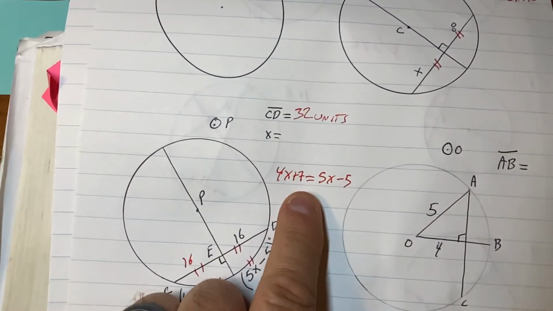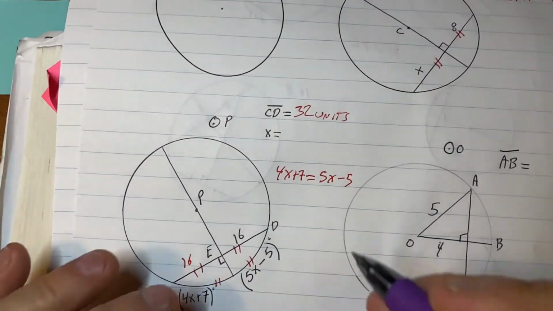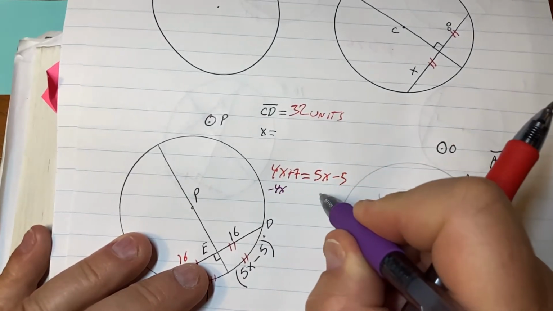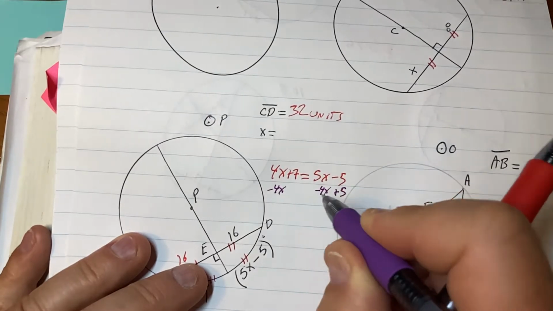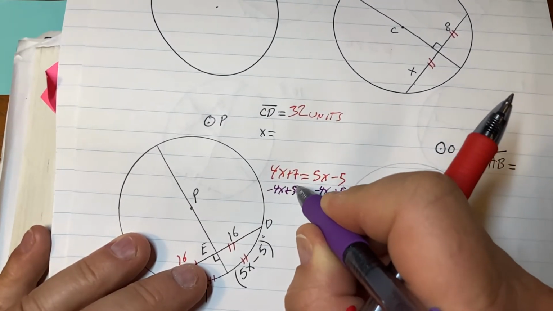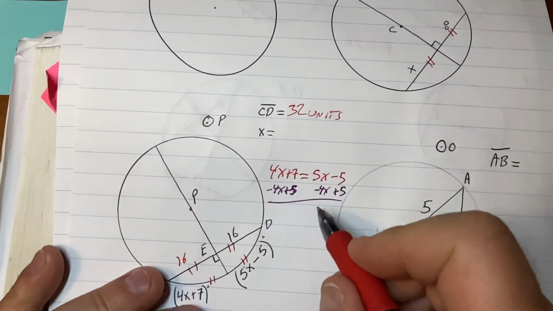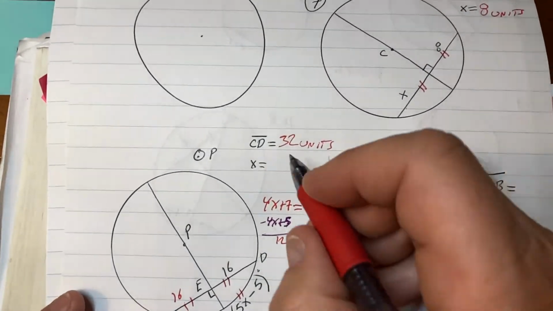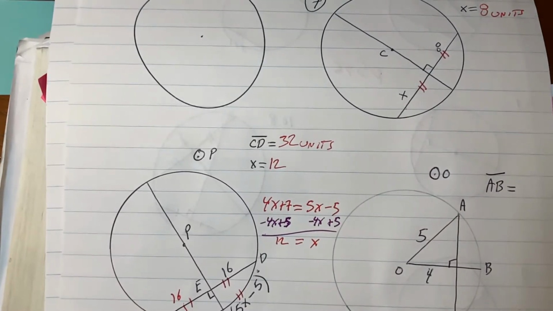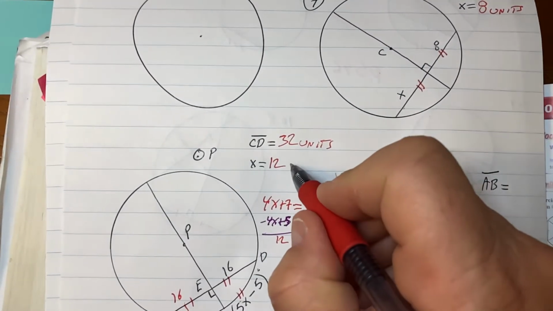The rest is algebra. Let's subtract 4x on both sides. I'm going to add 5 to both sides at the same time. 5, that's an x, 5, 5, 12, 12. And we got 12 units.